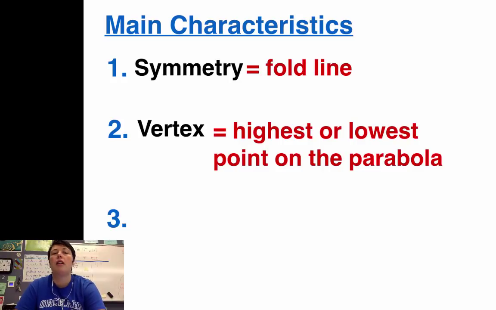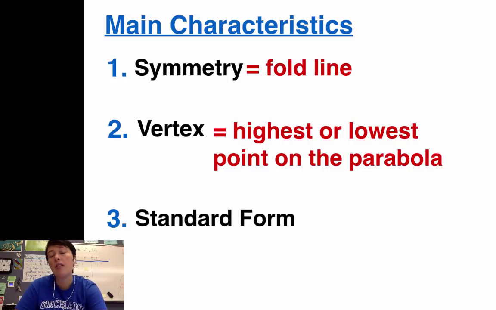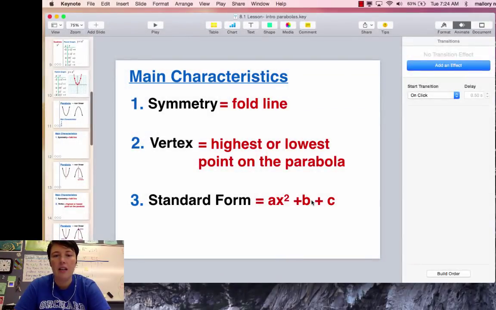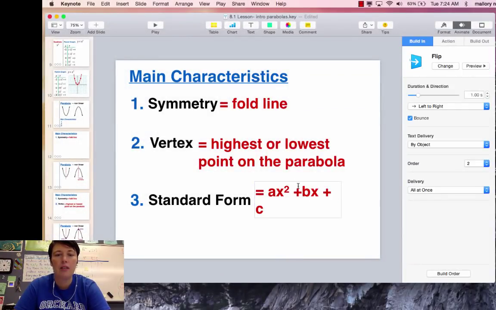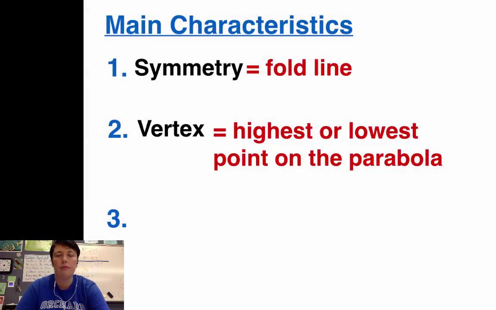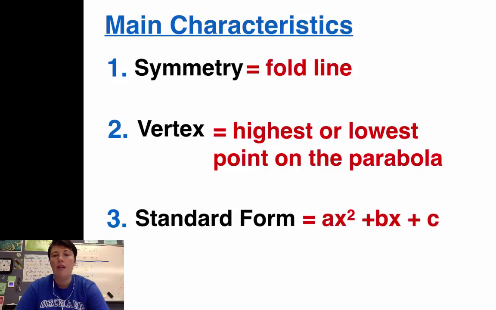So what's the third characteristic? Well, the third is quadratics can be written in what we call a standard form. So the equation is always going to look something like this. ax squared plus bx plus c.